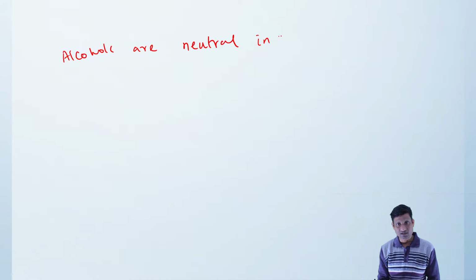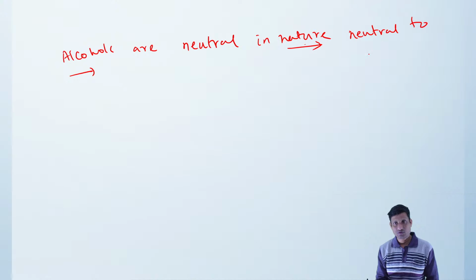The second important point is that alcohols are neutral in nature. If we put litmus paper in them there will be no reaction, so they are neutral to litmus paper.